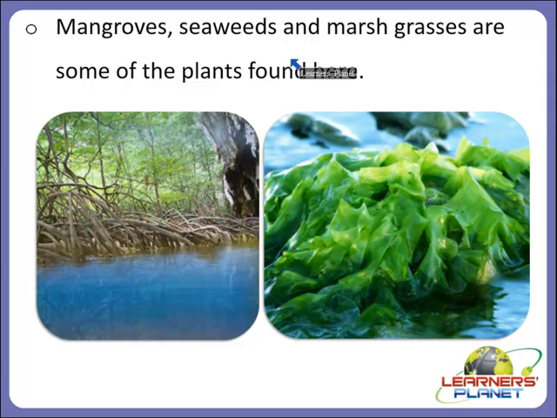There are plants too, like mangroves, seaweeds and marsh grasses, which are found in the coastal habitat. This is a picture of a mangrove plant, which has a specialized type of roots known as breathing roots.